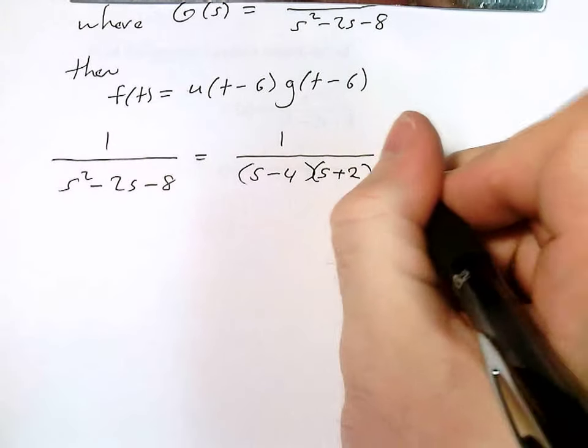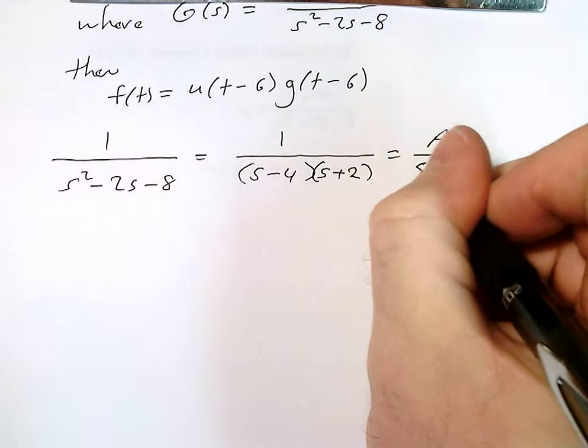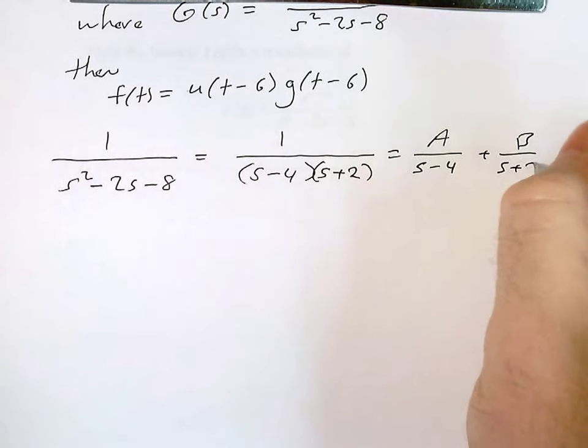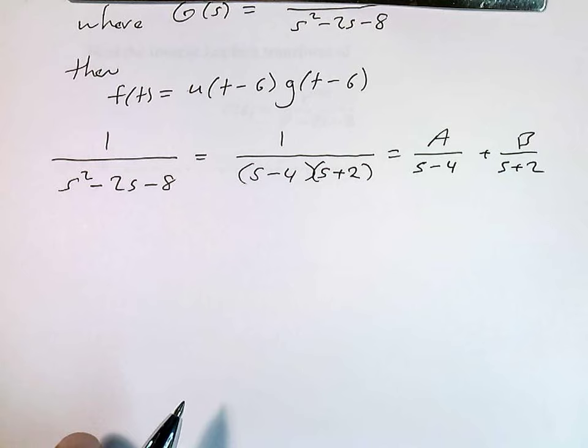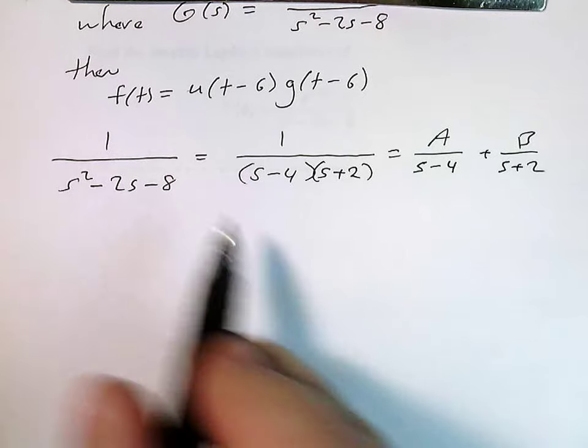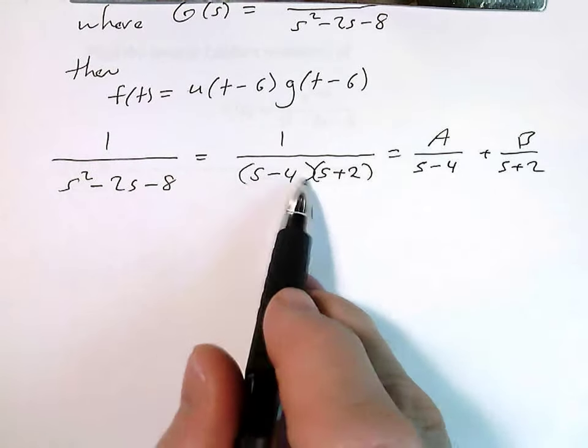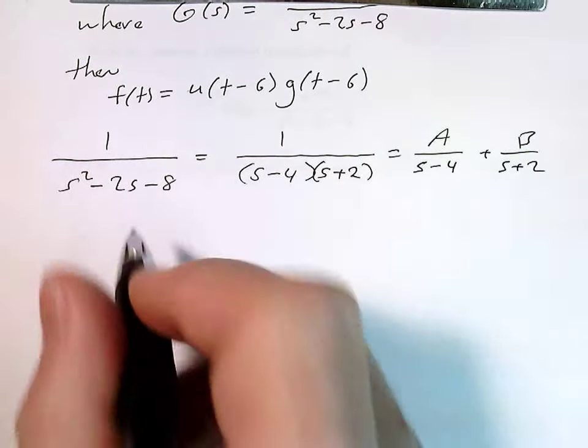But I know I can write this as some A over (s minus 4) plus B over (s plus 2) by the theory of partial fractions. There's constants A and B that will make this work. Well, how can I find A and B? The first step is to clear the fractions here by multiplying throughout by (s minus 4) times (s plus 2).